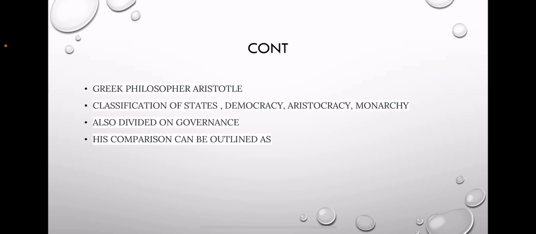All this shows a very scientific kind of technique, like monarchy, aristocracy, polity, then modes of operation, oligarchic and democratic, and all those. He also divided on the basis of governance.